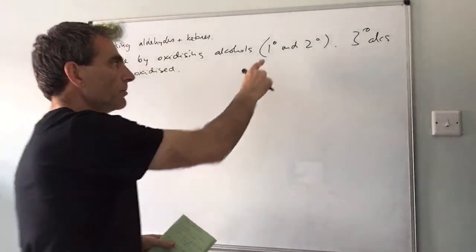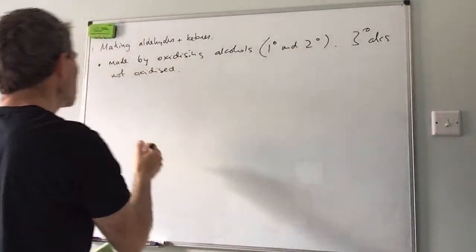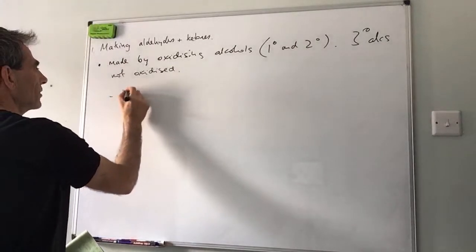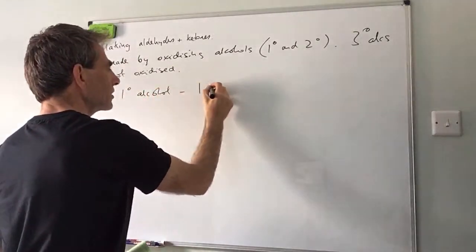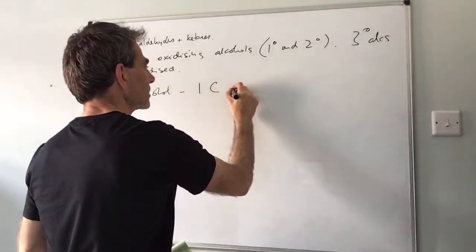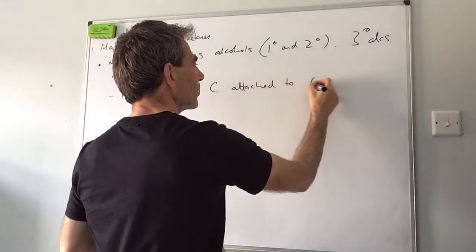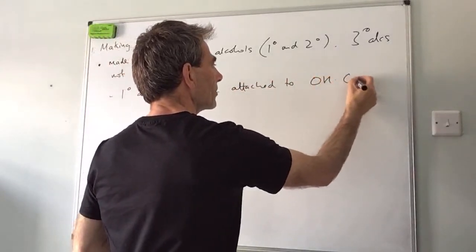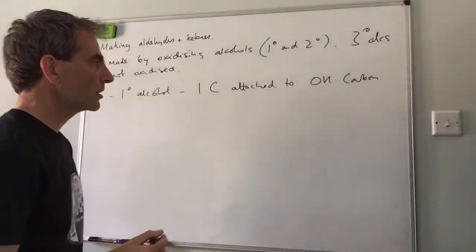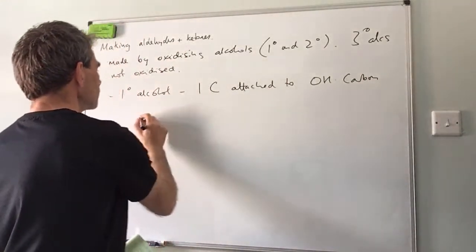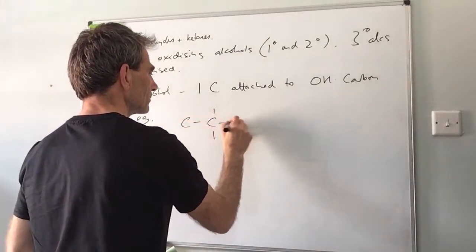Just a quick reminder of what we mean by primary and secondary alcohol. In a primary alcohol, there's one carbon attached to the OH carbon, the hydroxyl carbon. For example, something like ethanol.